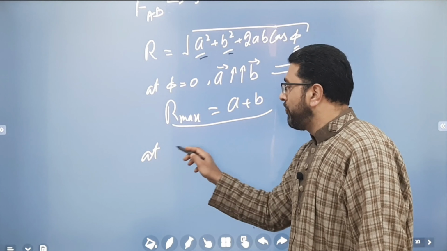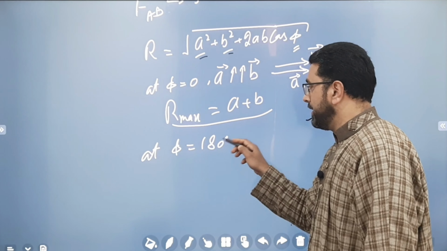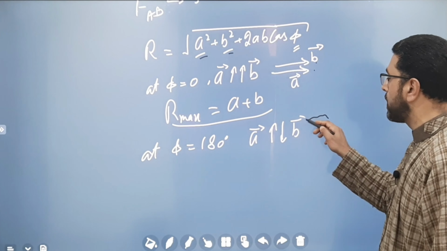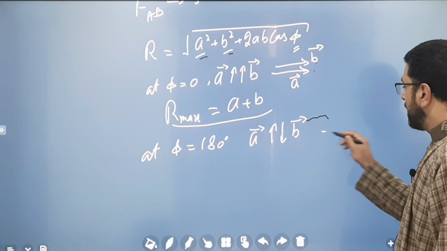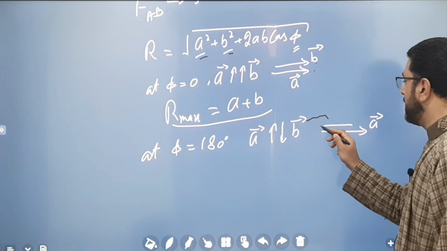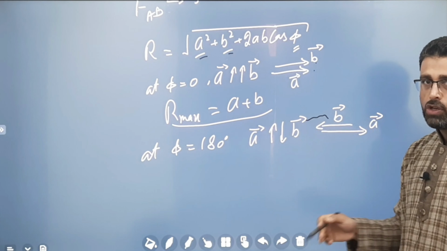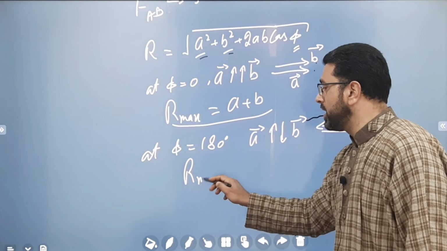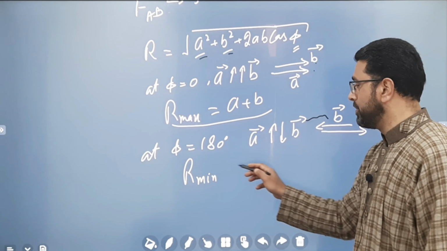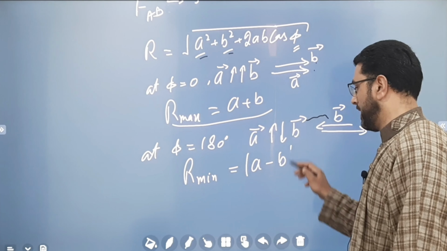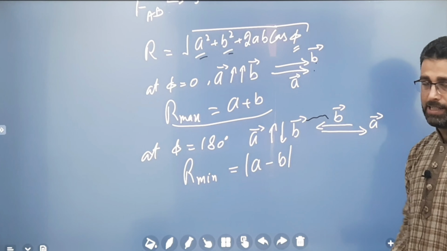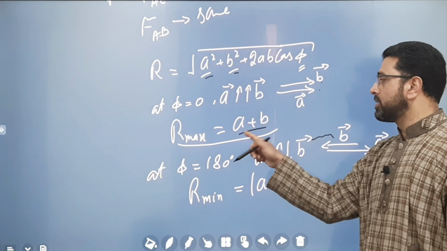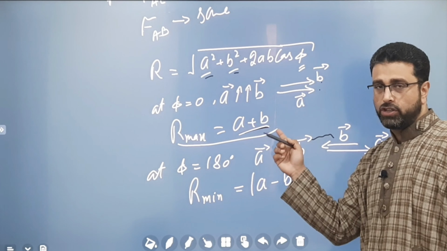And at phi equal to 180 degrees, meaning A is in the opposite direction to that of B, anti-parallel to that of B. Meaning if A is in one direction, B is in the opposite direction. Well, in that case, magnitude of the resultant is minimum and is equal to modulus of A minus B. So when two vectors are in same direction, resultant is maximum, addition of the two.